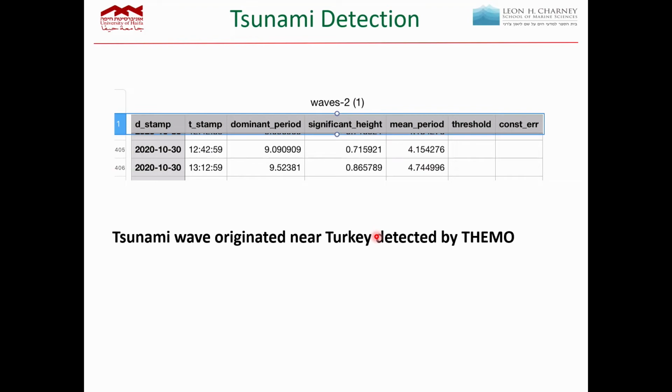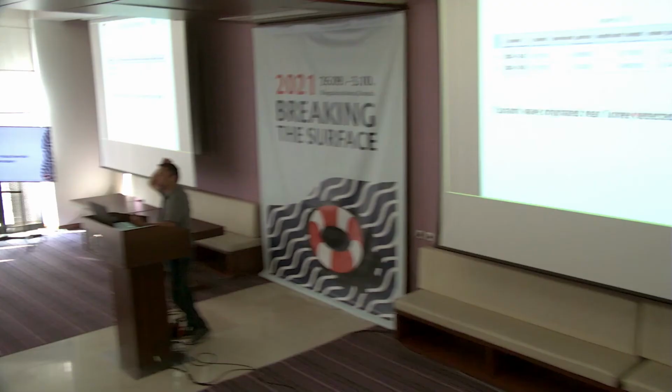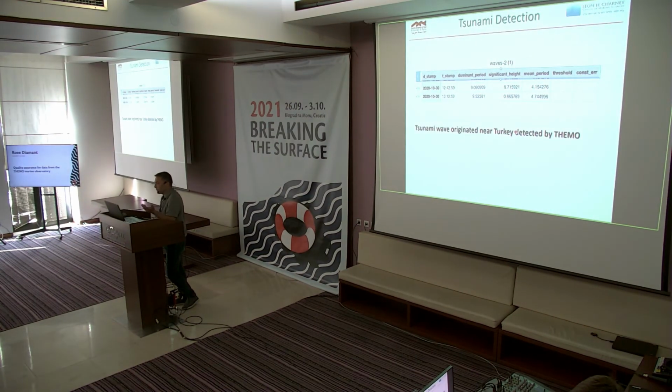So you log into the system. It's a free login, and then you can choose a sensor or several sensors and put a threshold. And the threshold can be upper or lower, or it can be a trend or a transient. Okay, and then if the data from that sensor that you picked exceeds the threshold, it will send you an email. So that's the way it goes, and that's how we detected the tsunami.